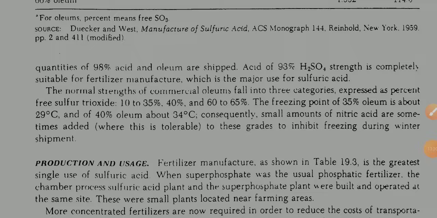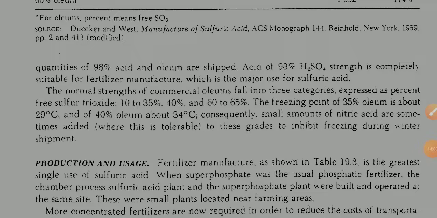Now the normal strengths of the commercial oleums fall into three categories, expressed as percentage of free sulfur trioxide, SO3: 10 to 35%, 40%, and also 60 to 65%.